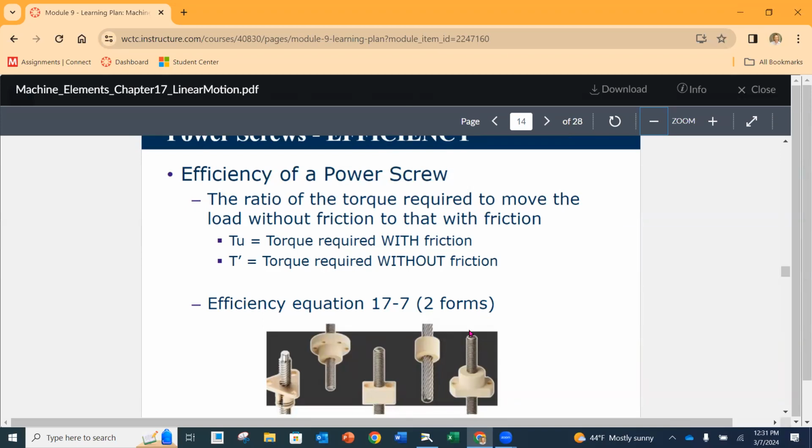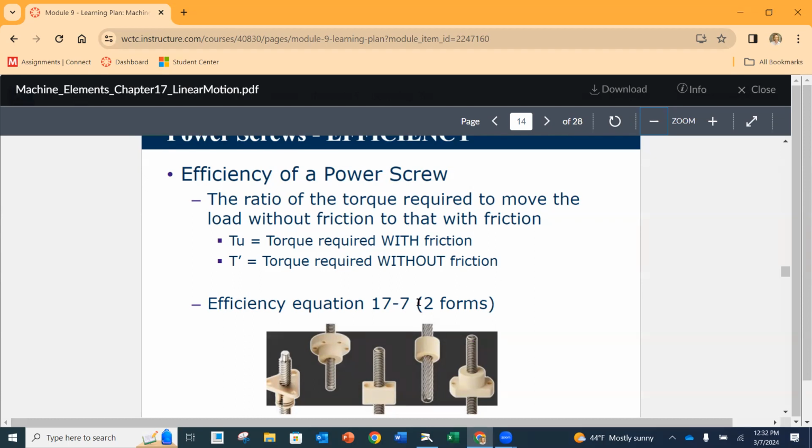But you can add lubrication and play around with different materials to improve that. Efficiency may not always be a concern, especially with lower RPMs where you're lifting pretty heavy things. And costs: these are less expensive than what we'll talk about next, which are ball screws.